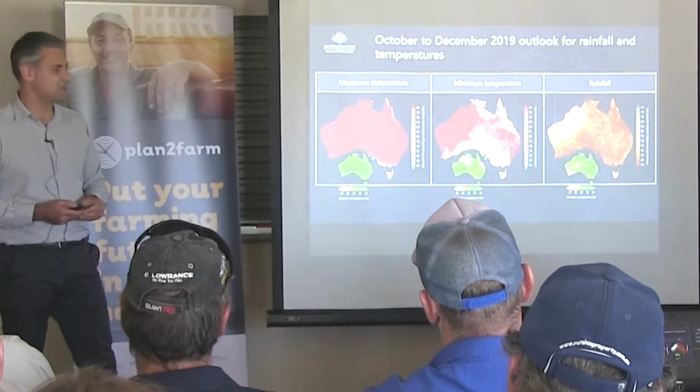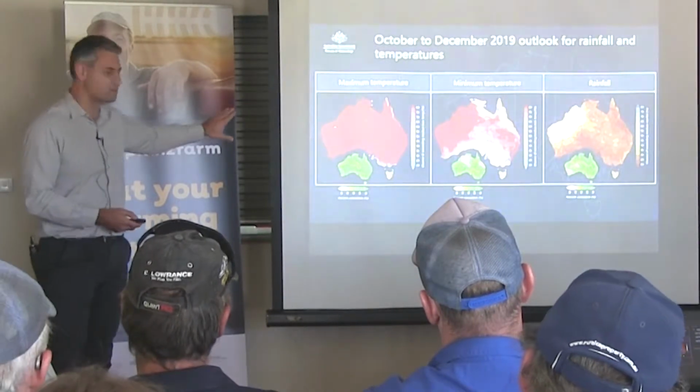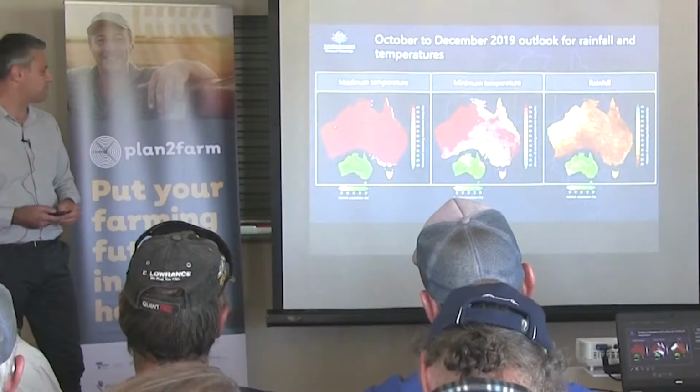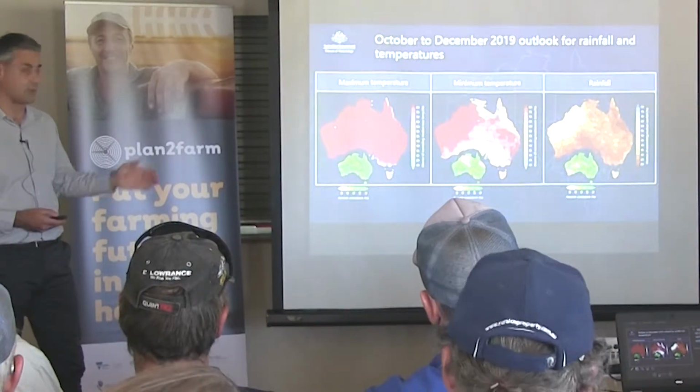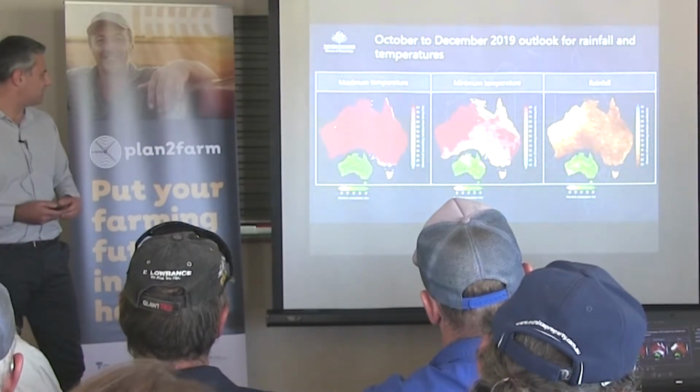In terms of temperatures, it's a pretty strong signal there as well. Looking at the maximum daytime temperatures here on the left, nearly all red for all of Australia. That means there's greater than 80% chance that we're going to get above average daytime temperatures for most of the country, including Northern Vic. Minimum temperatures, there's a lot of red there, but slightly different for most of Victoria.